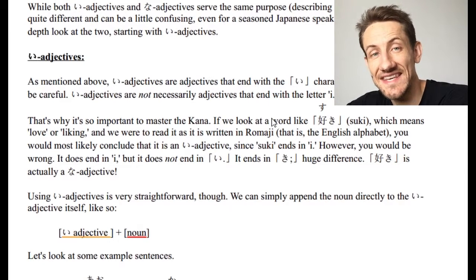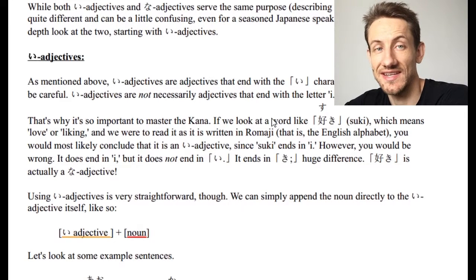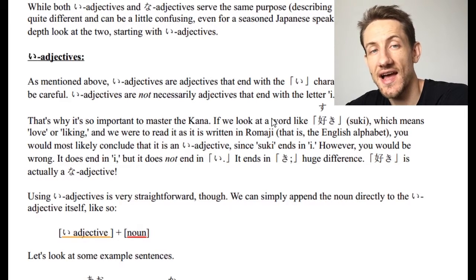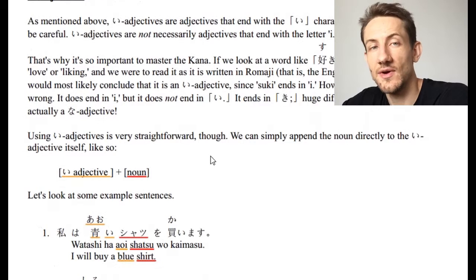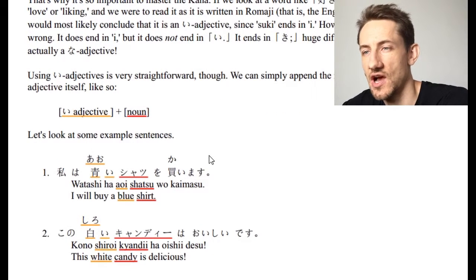It ends in ki. There's a huge difference between i and ki, so it's not the same. Actually, suki is a na adjective. Even though it ends in the Romaji character I, it does not end in the hiragana character i, and therefore it's not an i adjective. It's a na adjective.